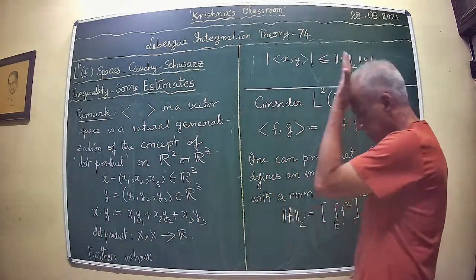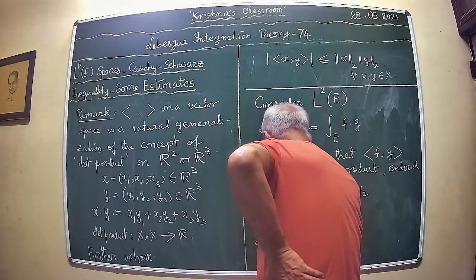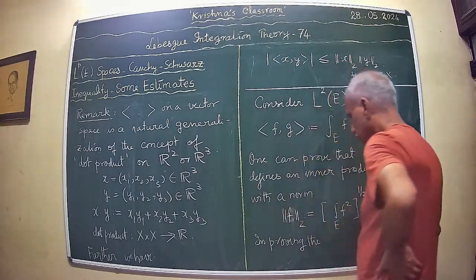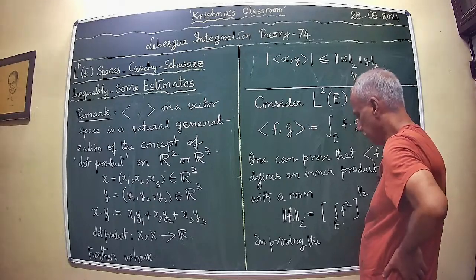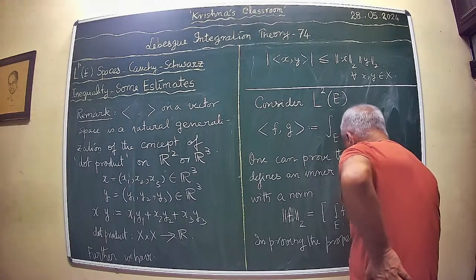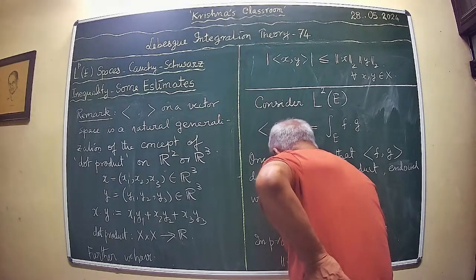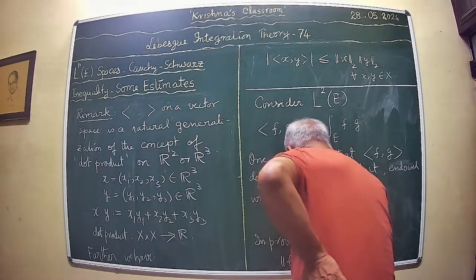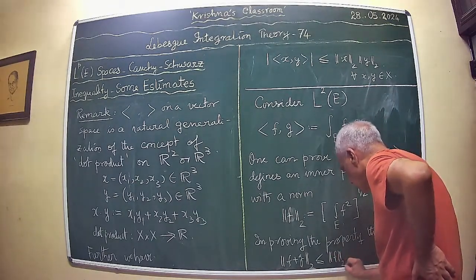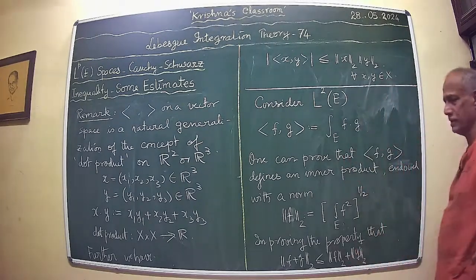So this is a norm, and in proving that the property that... this is the Minkowski inequality for that.